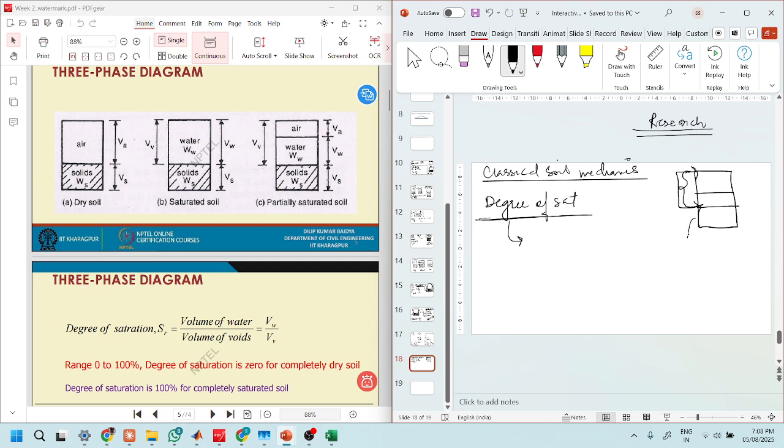So in this we don't talk about VS. We only talk about voids. So degree of saturation will be one when all your voids are filled with water, and degree of saturation will be zero when you don't have any water in your voids.